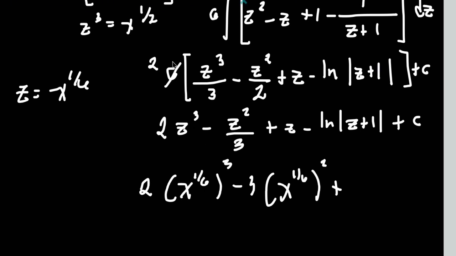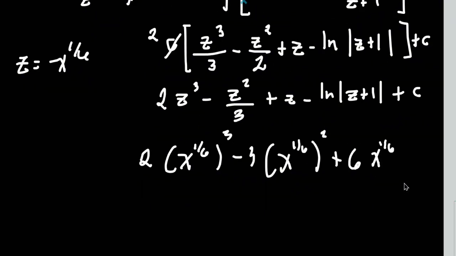So since we do have 6 here, I can distribute it to the z and to the ln. So this would be equal to 6 times x raised to 1 over 6, this is the z, minus 6 ln of the value of z, which is x raised to 1 over 6 plus 1, plus c.